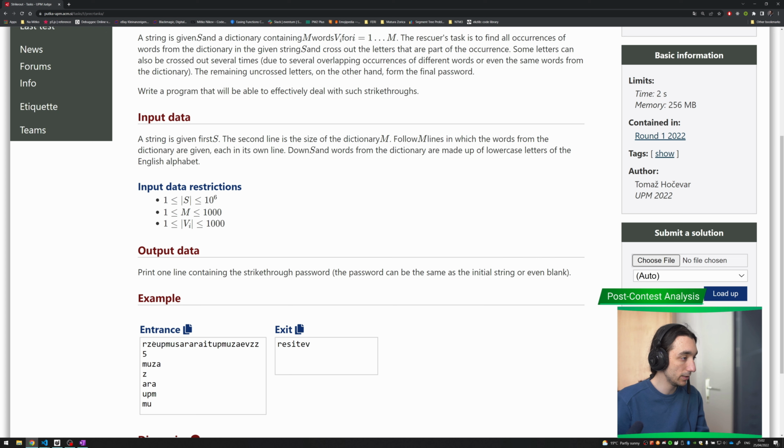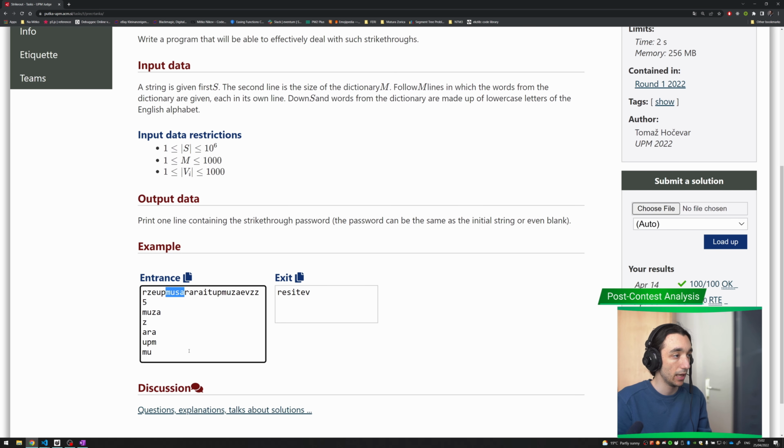The problem is you're given a string of some letters, and then you're given a dictionary, a couple of strings, which you need to find their occurrences and remove, just like striking out. Their occurrences could match, like here, you see this UPM occurrence and this Musa occurrence.